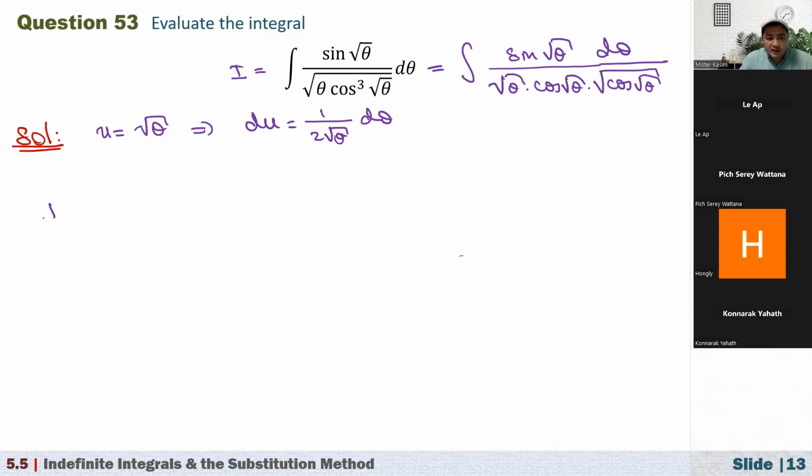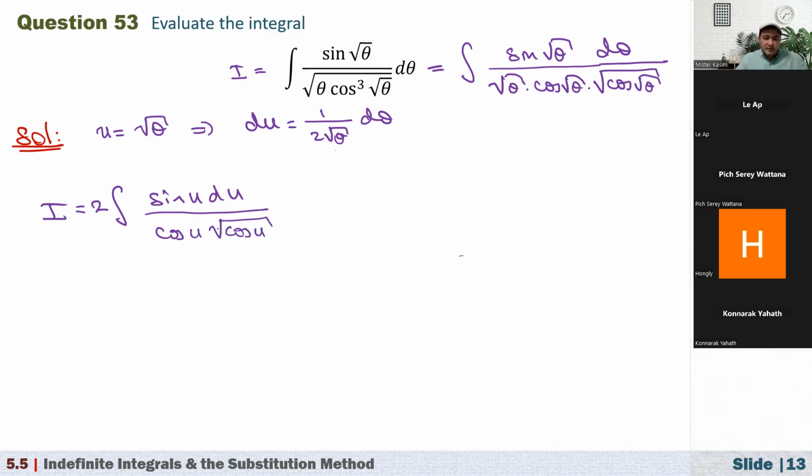This integral takes this form: integral of sine of u, and d theta over square root of theta I can write as 2 times du, right? So here we have 2 and sine of u du over cosine of u times square root of cosine of u.